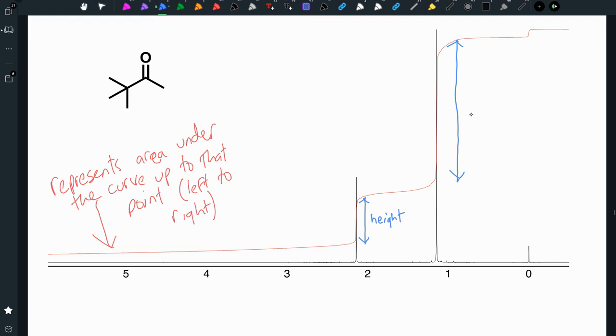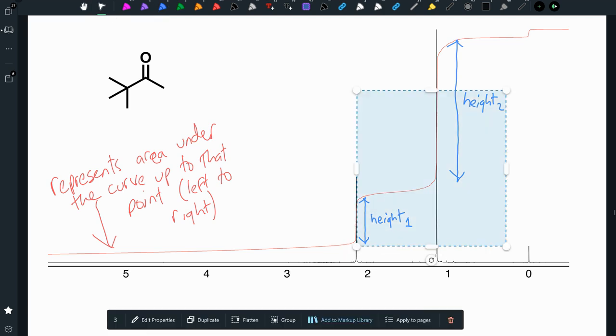And then by looking at the ratio between those two, you can get an idea of the ratio of how many protons the first peak represents to how many protons the second peak represents.